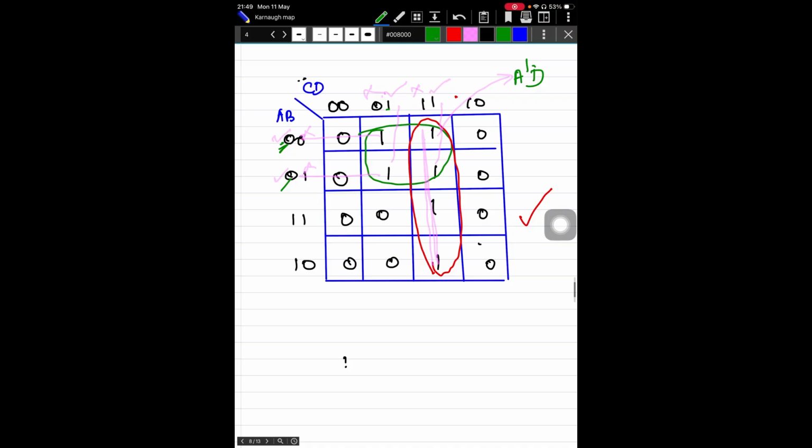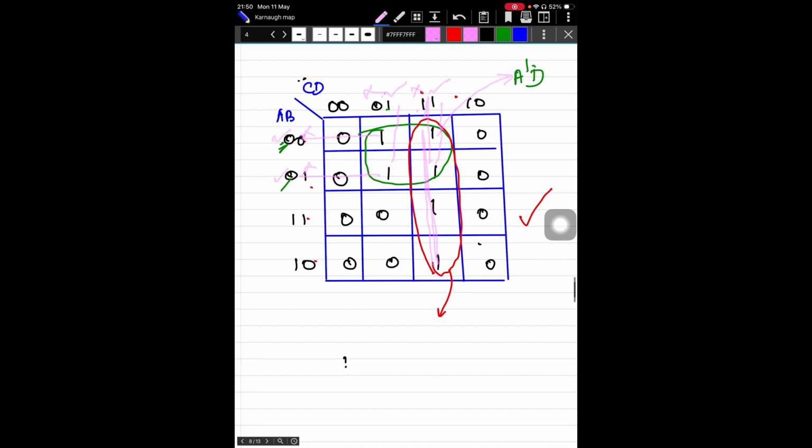Now for my red box. In my red box, A changes from 0, 0, 1, 1. B changes from 0, 1, 1, 0. So A and B cannot be common for all the boxes. Whereas when I project it up, for all the 4 boxes, C is 1 and D is 1. So it is common for all the 4 boxes. So I can close my eyes and take CD.